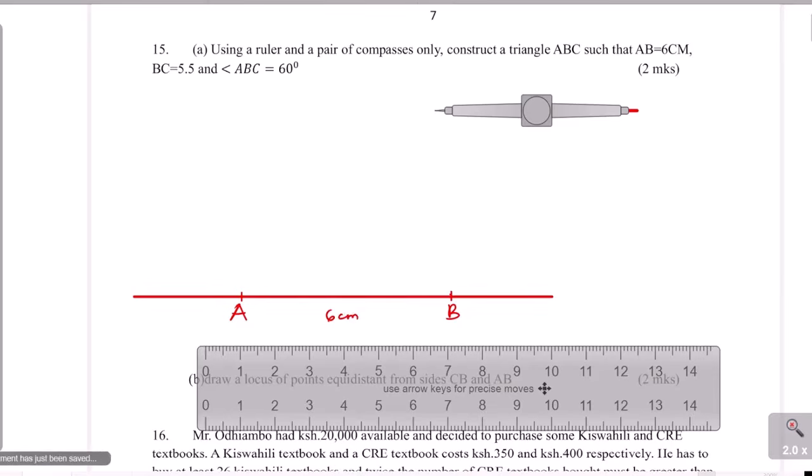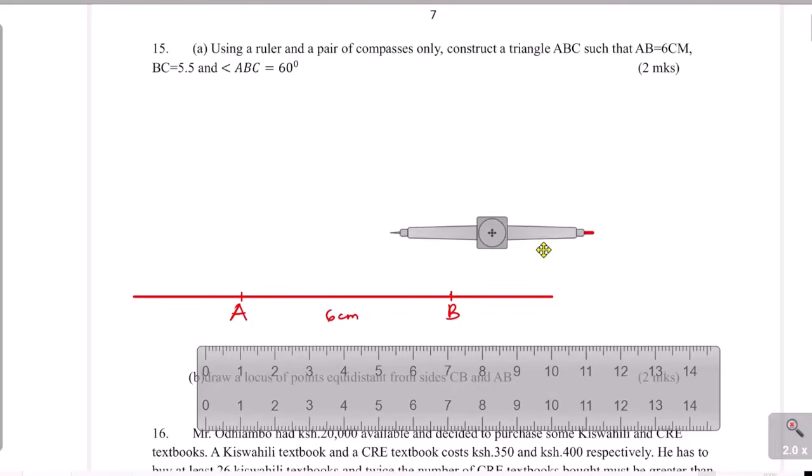Then angle ABC is 60. So you need to construct 60 at B. So to construct 60, you stand at B. Then any suitable radius of your choice, you mark. You can mark a bigger one like that. And then with the same radius, without changing it, stand at this point and then cut that arc.